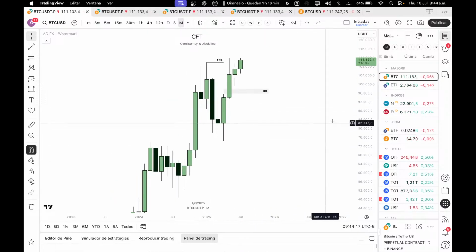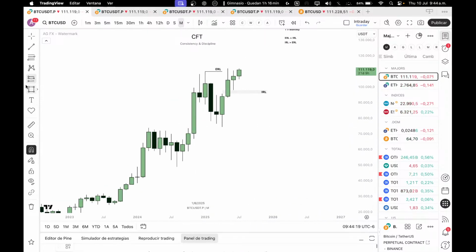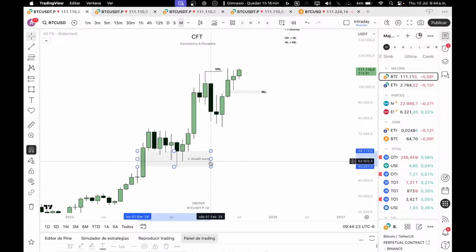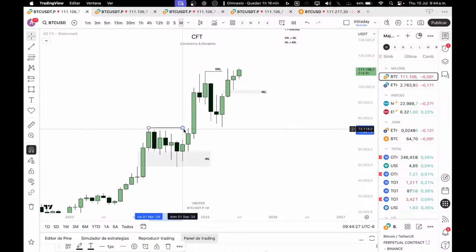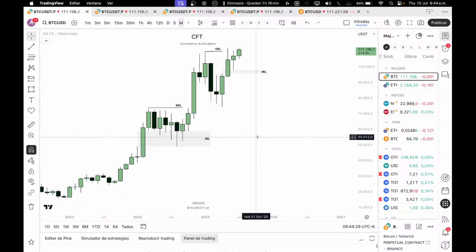If we frame the whole picture in front of us, this is basically the same protocol that Bitcoin has been following for years in general. Monthly fair value gaps, in my opinion, are the easiest way to frame a whole narrative and build a high time frame bias to eventually find low time frame entries, which is what we're going to be doing right now.